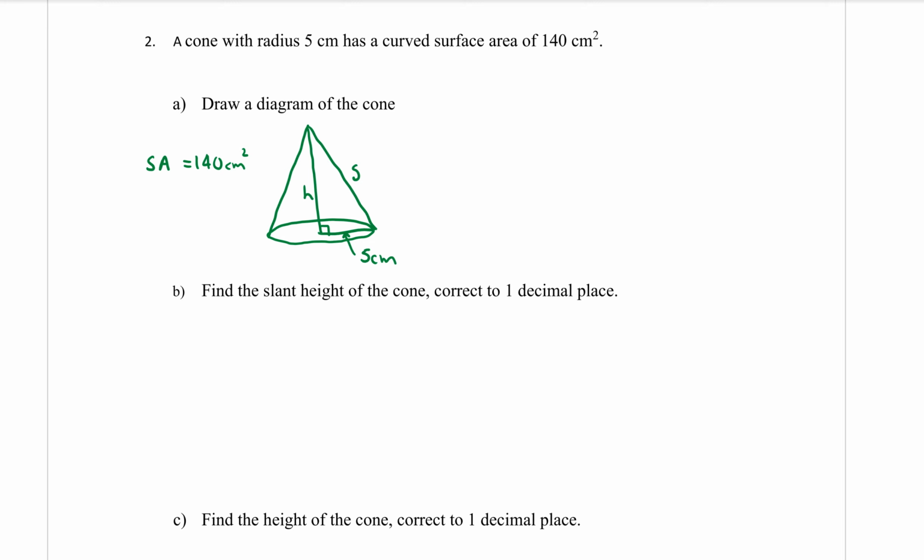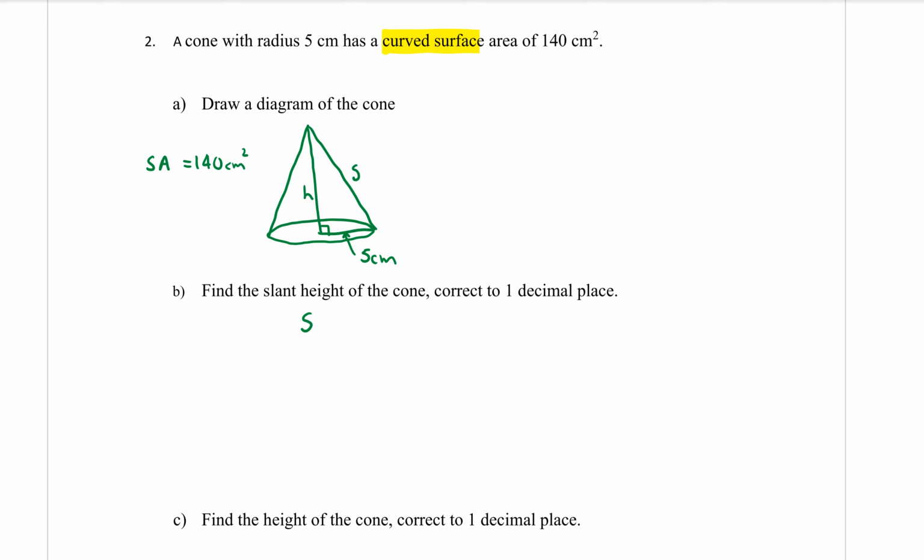So part B, now that we've got a diagram with everything in the right places, part B, find the slant height of the cone correct to 1 decimal place. Start by writing the formula down. Oh, wait a second. Be careful. Let me have a think. This said I have the cone with a curved surface. Is that the whole cone? No. What part is that?